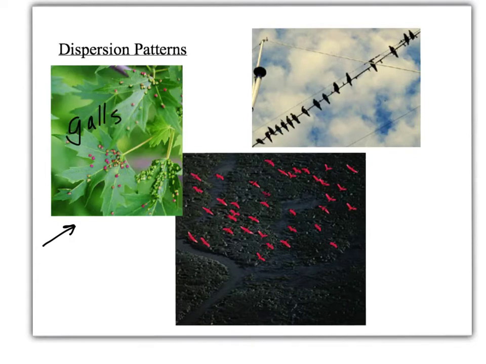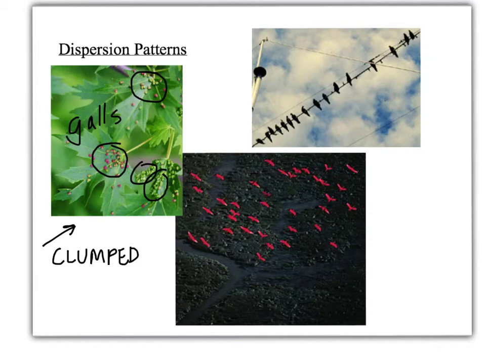Now, galls can be caused by many things, but in this case, it's probably a little wasp that laid its eggs in the leaves, and the little wasp eggs are developing into larvae, causing this swelling within the plant, because the plant's trying to protect itself from these larvae. And you'll notice that there are little clumps of galls on the various leaves. So this is a special type of spacing or dispersion pattern that we call clumped. Easy to remember. So that is a clumped dispersion pattern.